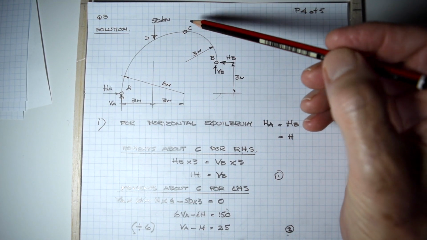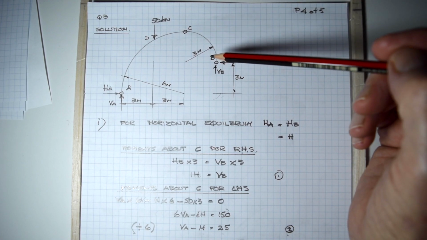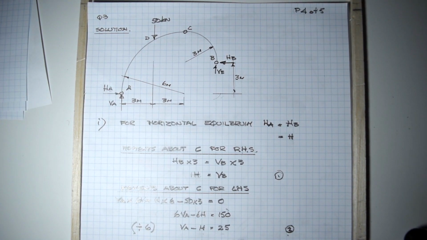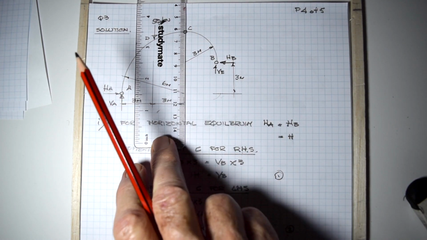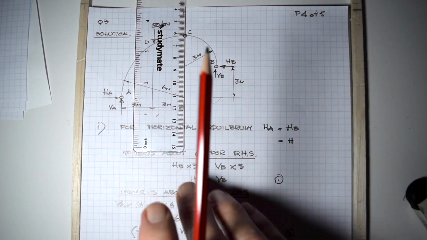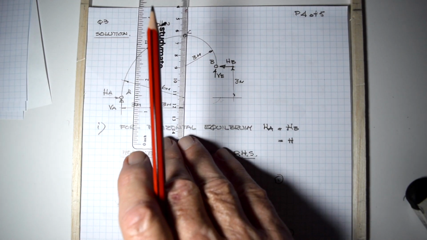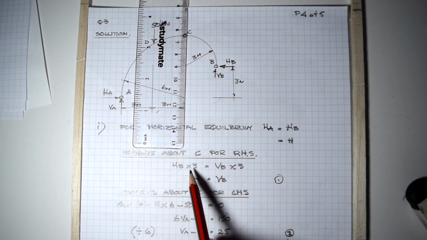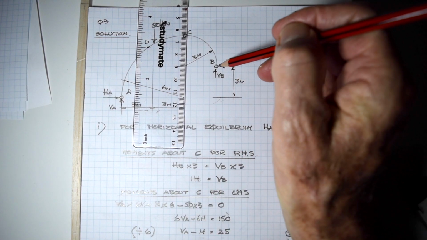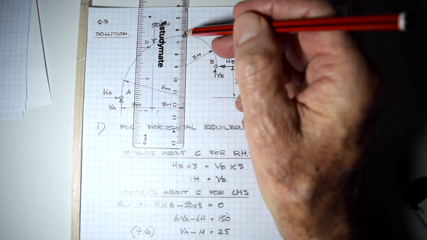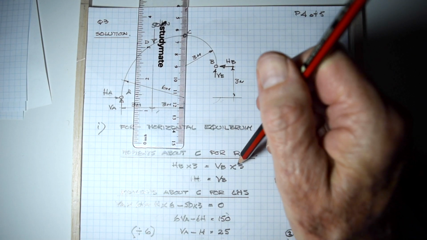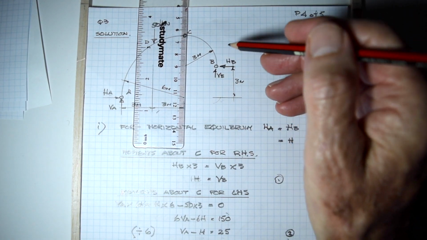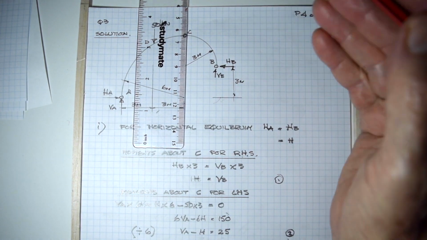So we're going to take moments about C for the right-hand side. HB times 3 going clockwise around C must equal VB times 3. It's the same thing.